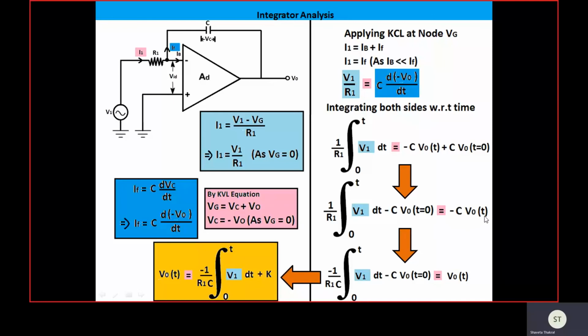So when we are calculating V naught t, we are putting this minus C also on the left side, so that becomes minus 1 by R1 into C, integration is from 0 to t V1 dt minus C V naught at t is equal to 0, and this we can take as constant. So finally we get the output voltage as minus 1 by R1 into C, integration is from 0 to t V1, that is the input voltage, dt plus K.